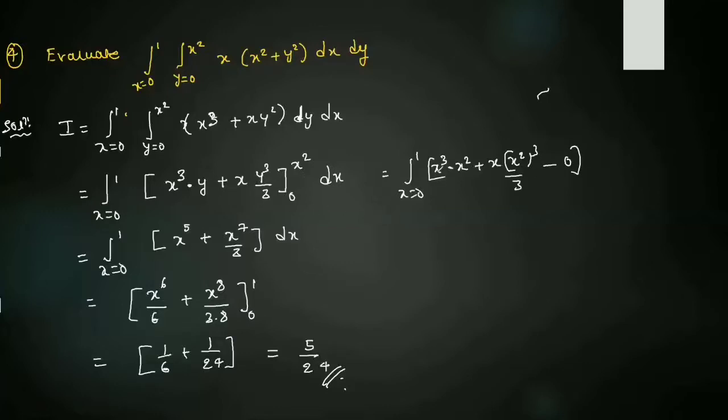So I have written here x cube and x square is x to the power 5, and x into x to the power 6 is x to the power 7. Then integral of x to the power 5 is x to the power 6 by 6. X to the power 7 is x to the power 8 by 8, but 3 is already there, so that 3 I have multiplied. Then substitute the limit.